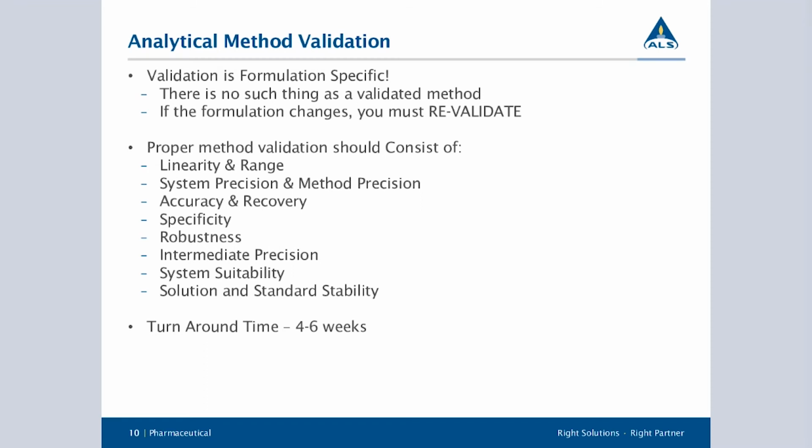What we need from the client is the formulation with the specifications, the finished sample, the placebo, and that raw material, and then we would put together the protocol and send it out for sign off. Once the protocol is signed off, we can move forward and go through each of these steps in terms of linearity and range, system precision, accuracy and recovery, specificity, robustness, any of those parts.